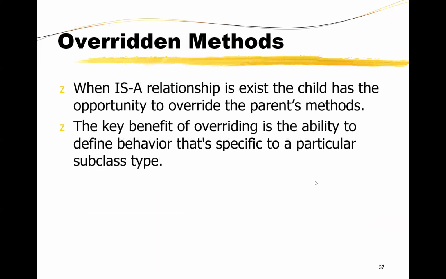Right, method overriding. Method overriding can happen when you have the is-a relationship. When a child class has inherited methods, the child can change the behavior of the inherited method.